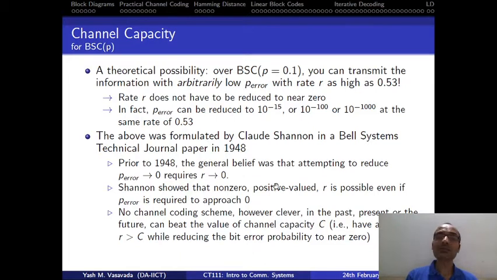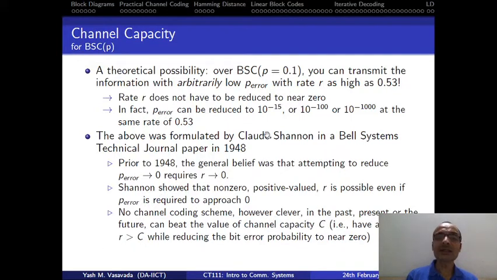And that was a pretty remarkable theorem, that you can get as close to 0.53, or 53% of the data that you are transmitting, about 53% of that can carry information.